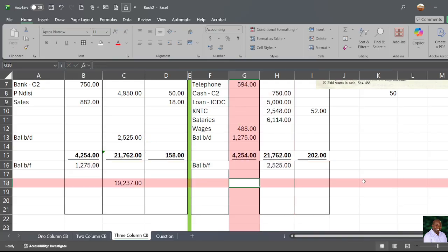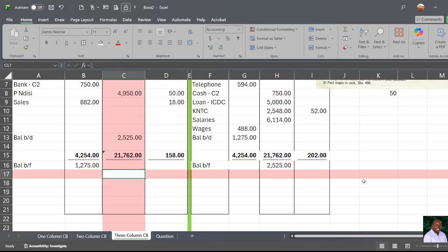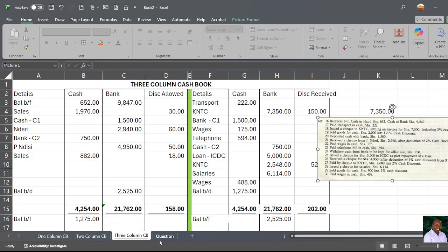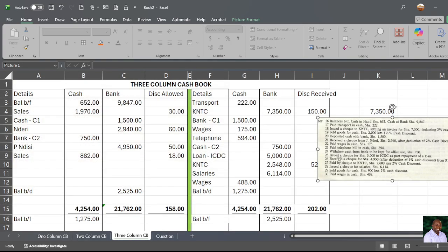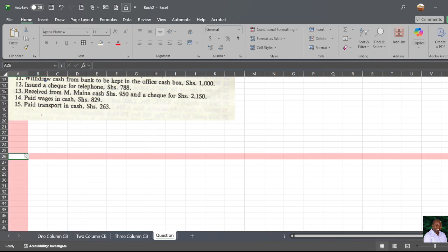Copy and paste. So I am done with that. Now, looking at it, this is our 3-column cash book for this particular problem. I will copy this problem and put it below so that someone can be able to find it.